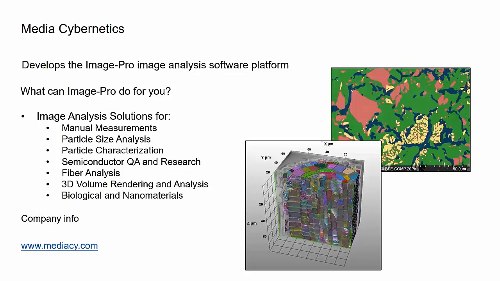As you can see, there are quite a number of image analysis solutions that we provide, ranging from manual measurements for maybe doing trench analysis in semiconductor, particle size analysis, and we'll go through some of these examples later today, particle characterization, semiconductor, quality assurance, research, failure analysis, maybe looking at ball grid arrays, fiber analysis for electrospun fiber materials, to, as you can see in the image on the right, FIB-SEM, where you're looking at 3D volume rendering and analysis, and a range of biological and nanomaterials.